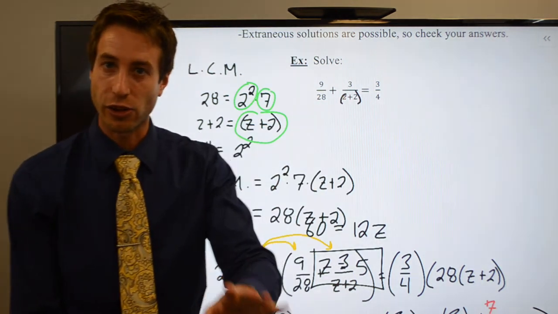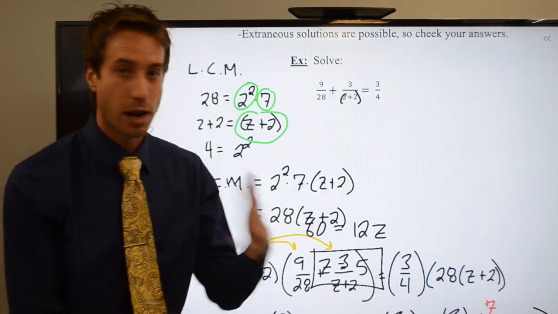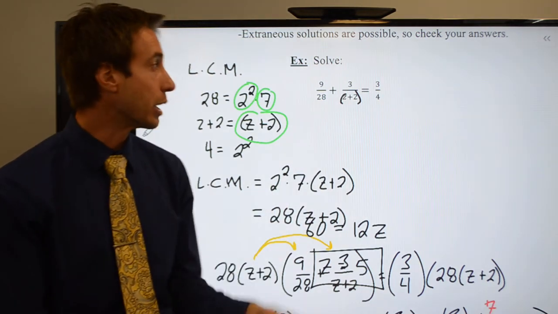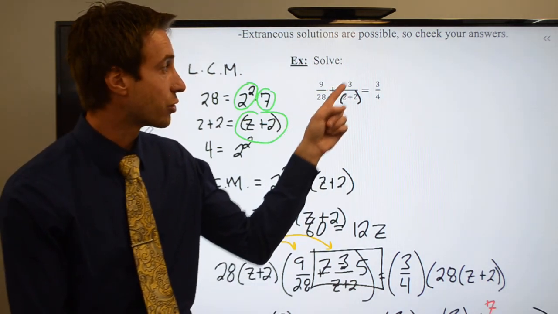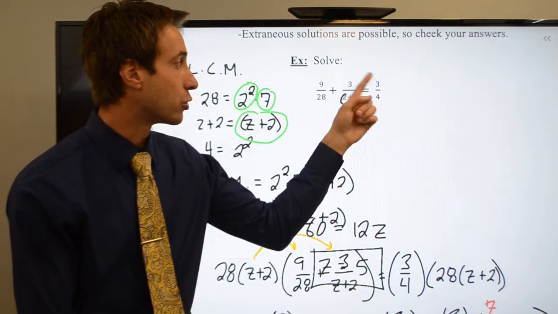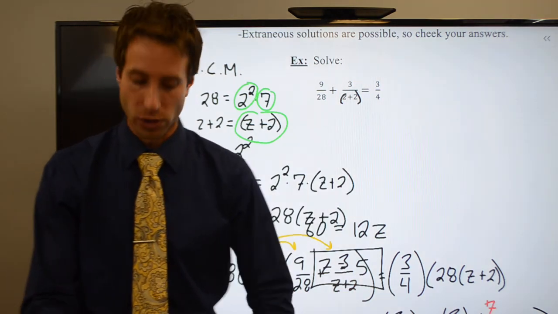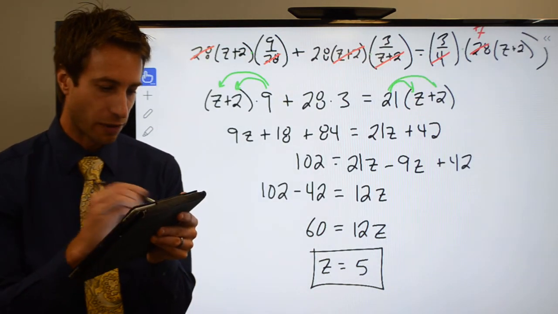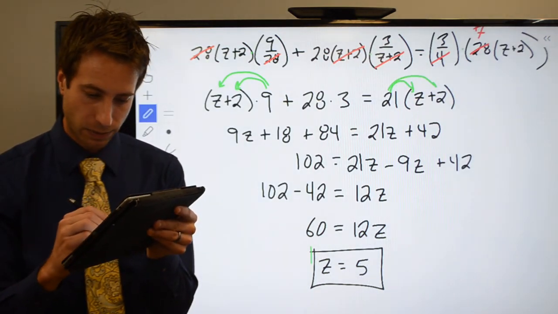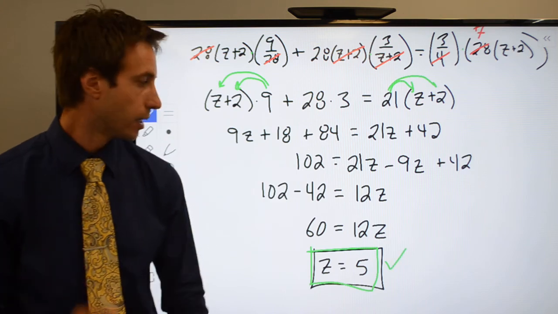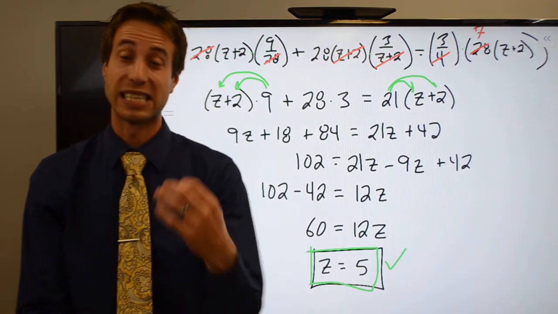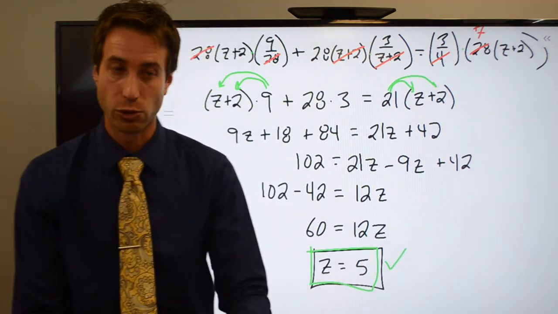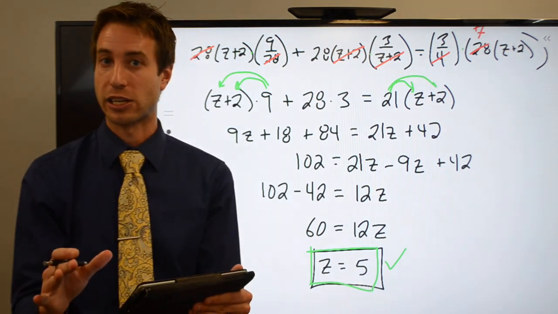Feel free to use your calculator if you need to, or find a common denominator in order to add those fractions, but what you would find is 9 28ths plus 3 tenths does come out to be 3/4, and so our answer, z equal to 5, checks out. Check. So please make sure that you check your solutions. It is possible to get extraneous solutions, and you'll just want to check your answers, all right?